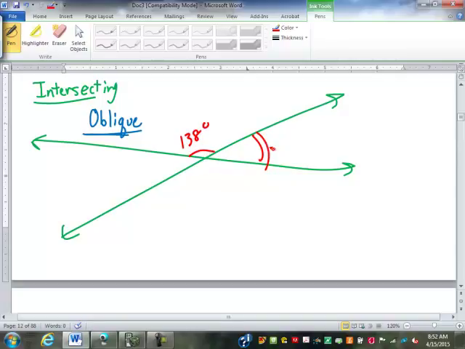Subtract it from 180. 42 degrees. There we go. How about this one down here? 138. Very good. Anybody want to guess this one over here? 42. There we go.